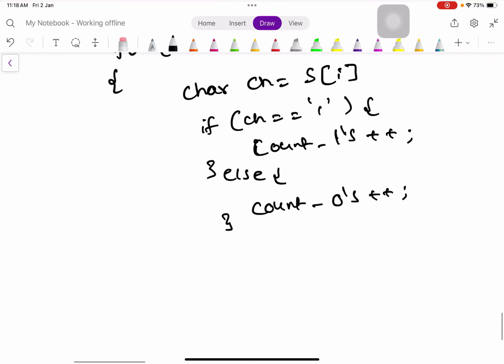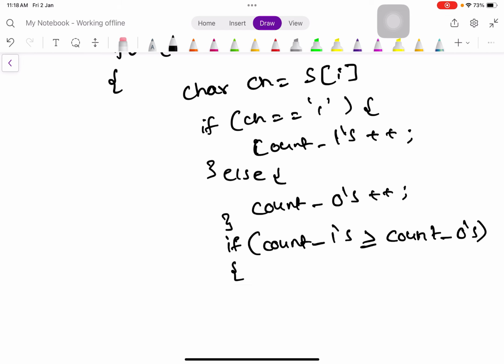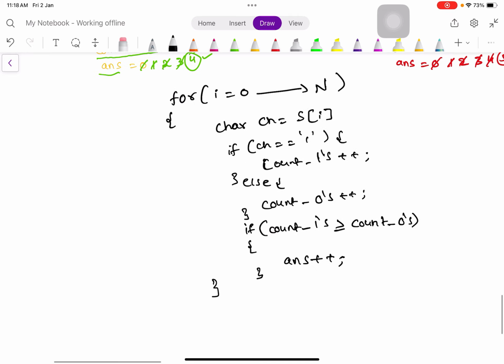At the end, check for every prefix if the count of ones is greater than or equal to the count of zeros. If this is possible, then increment my answer by 1. At the end, just print your answer. So this is how you can approach this. Thank you.